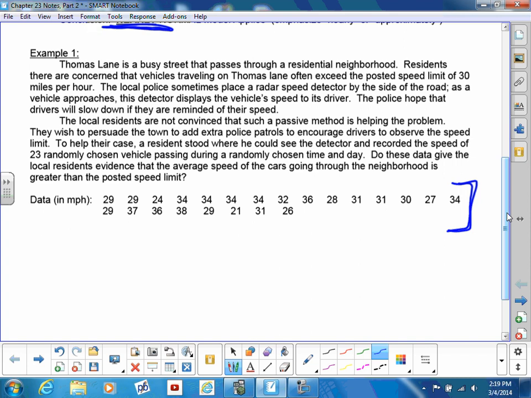To help their case, a resident stood where he could see the detector and recorded the speed of 23 randomly chosen vehicles passing at a randomly chosen time and day. Do these data give local residents evidence that the average speed of the cars going through the neighborhood is actually greater than the posted speed limit?